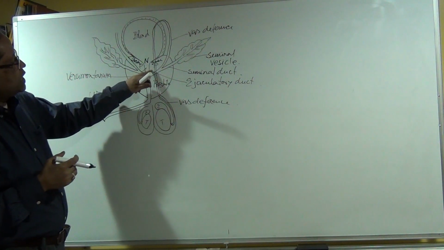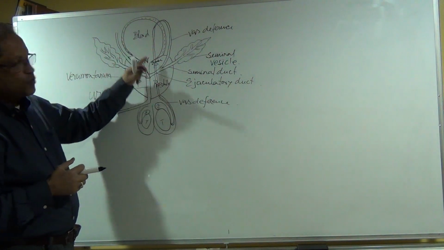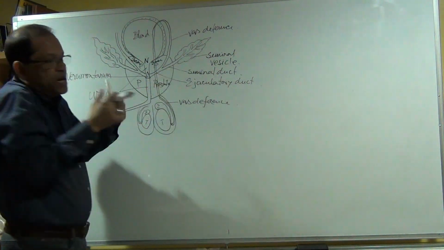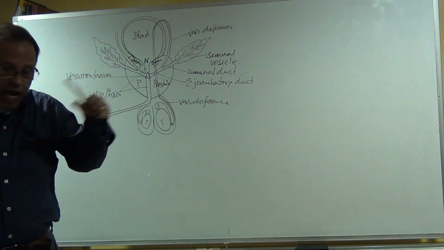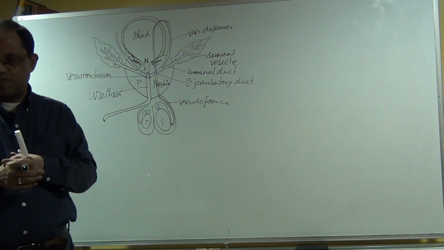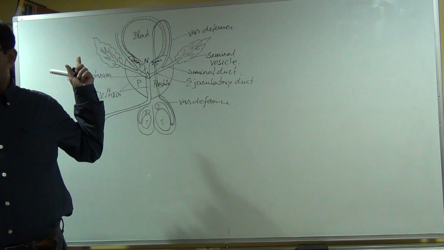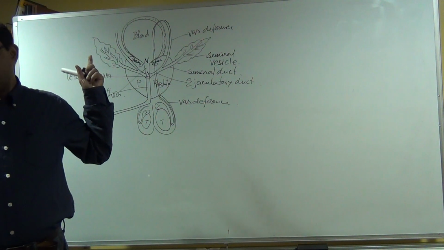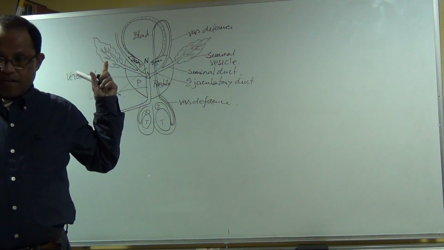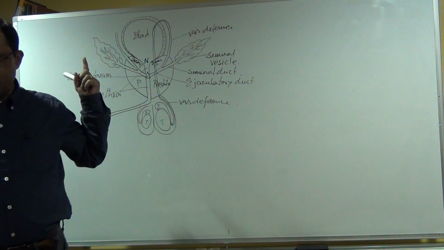So the prostate gland is inferior to the bladder and the bladder is superior, and the seminal vesicles enter the prostate through its back. So these seminal vesicles are posterior superior, or you can say posterolateral. Posterolateral. How many? Two.